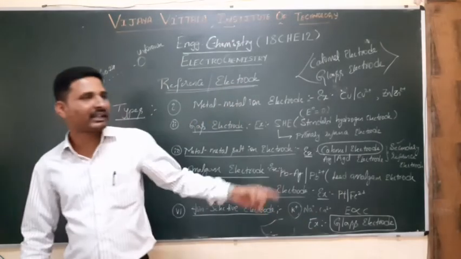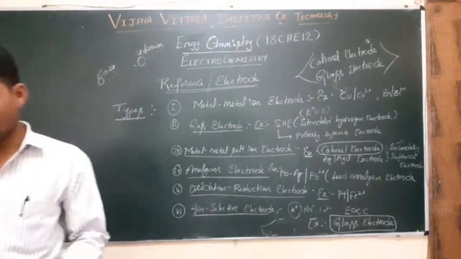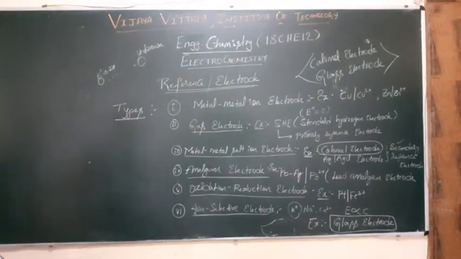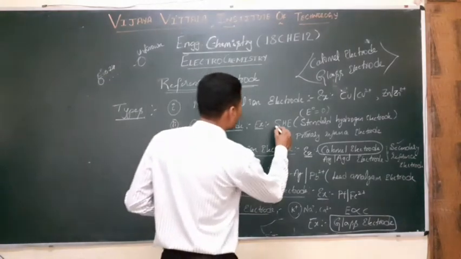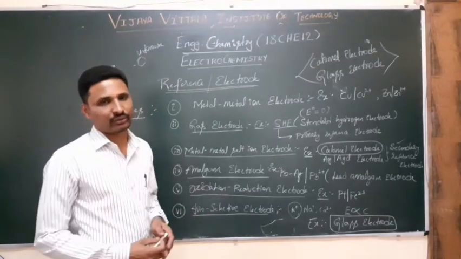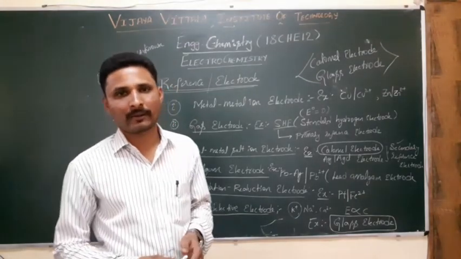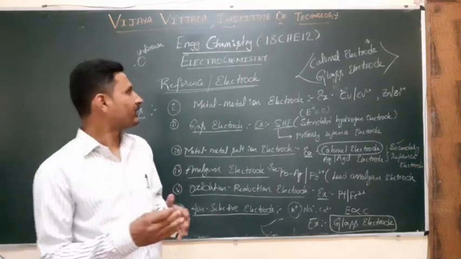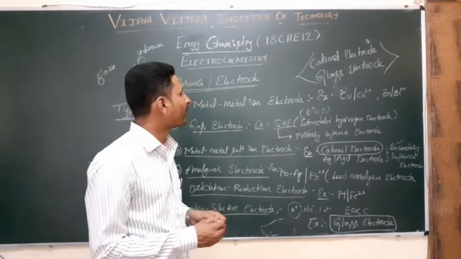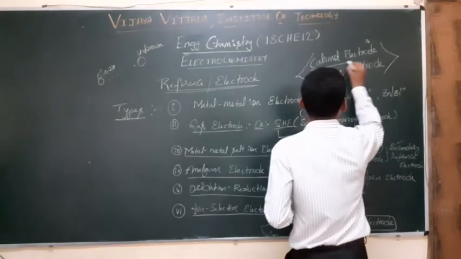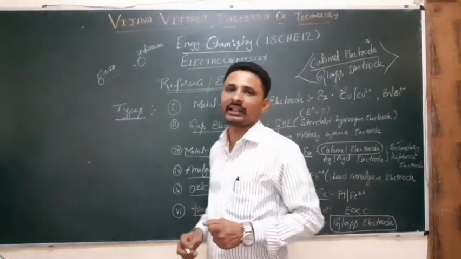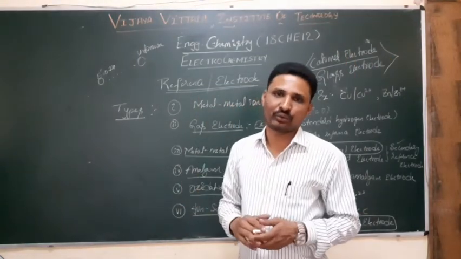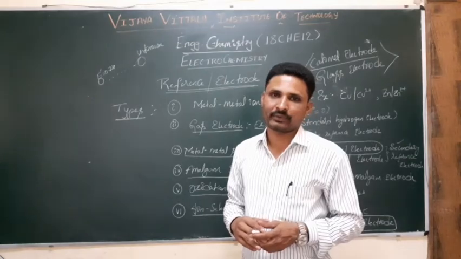The secondary reference electrode has a known potential value with respect to this standard hydrogen electrode. Understood? And next, now we will talk about the construction and working of a Calomel electrode. Right?